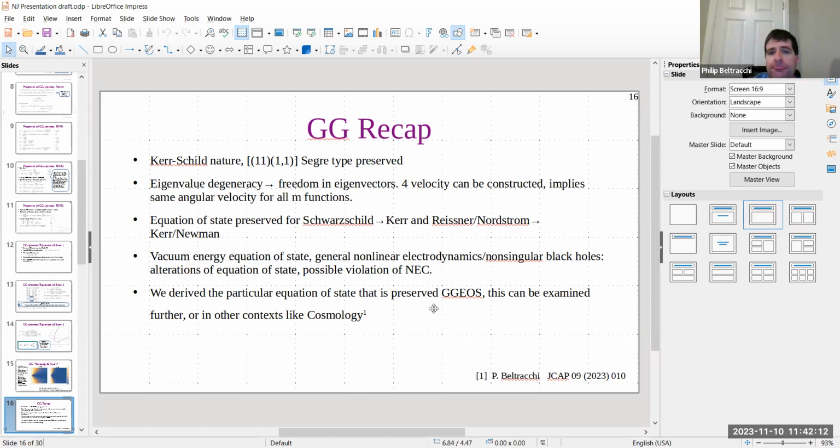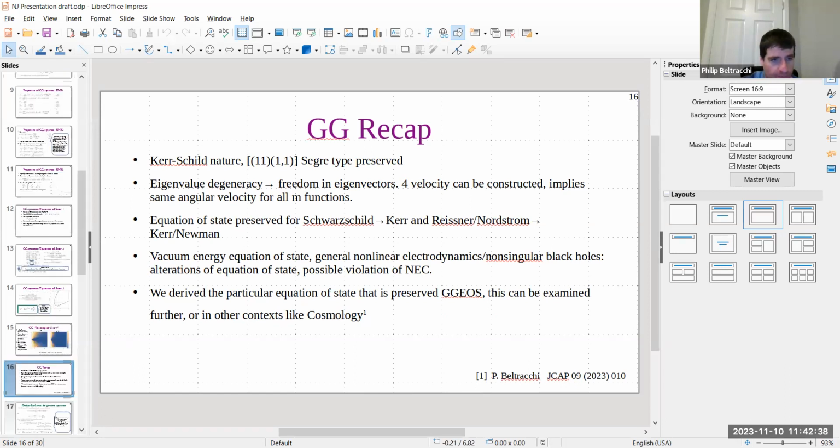We could examine the Gürses-Gürsey equation of state in different contexts as well, such as cosmology. I wrote a paper about anisotropic Bianchi spaces featuring the Gürses-Gürsey equation of state earlier this year.